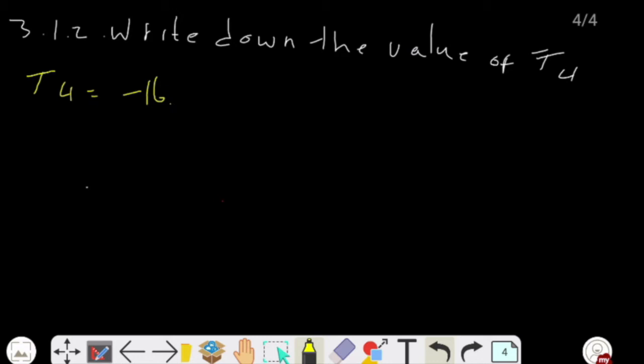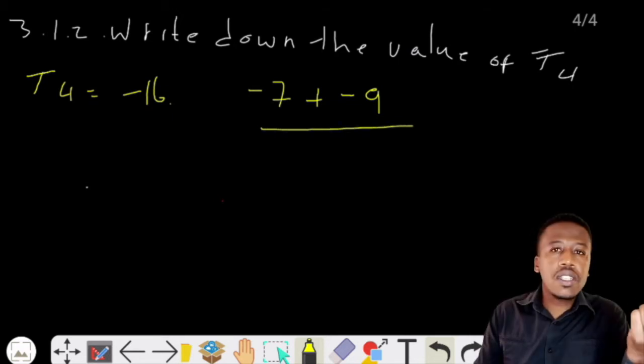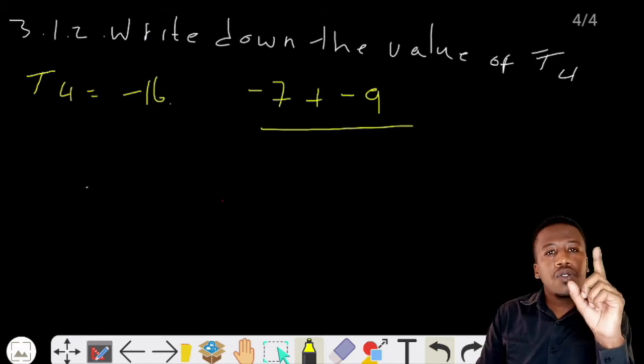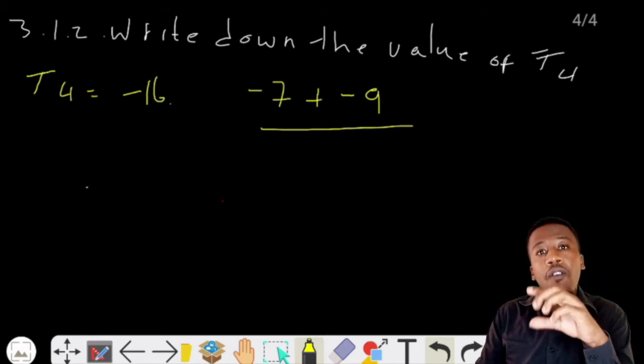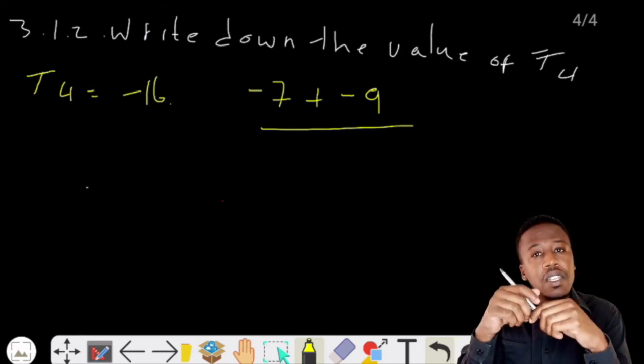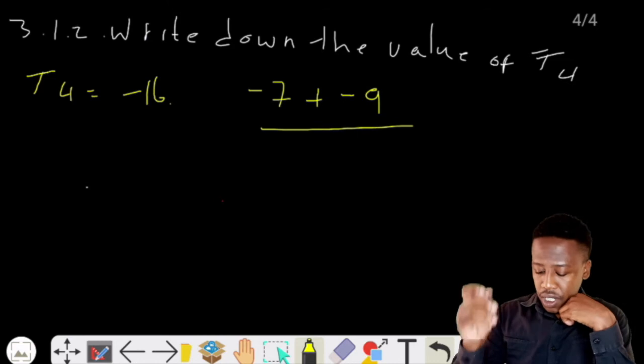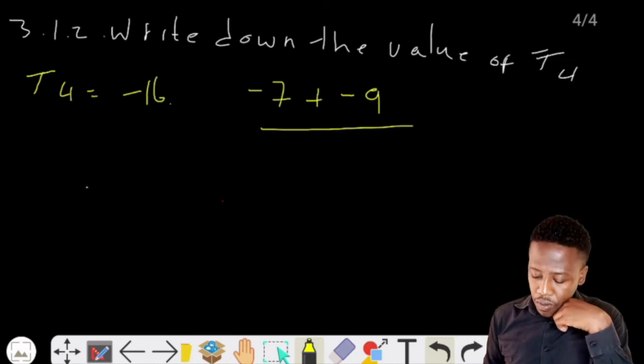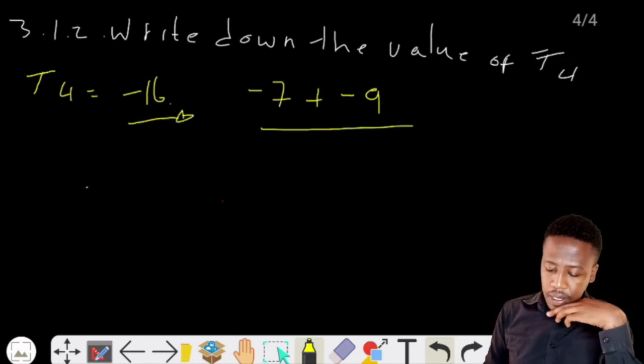You simply added negative 7, because that's your constant difference, to negative 9. To explain this, you just added your constant difference to the subsequent term of your sequence, so in this case you added negative 7 to the negative 9, which gives you your term 4, which is negative 16.